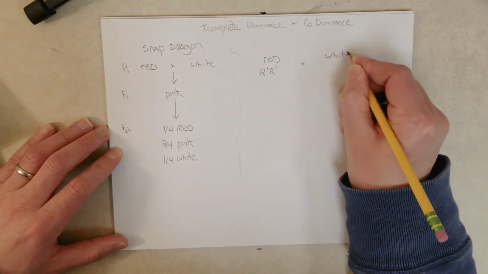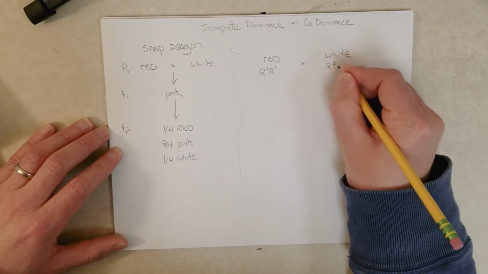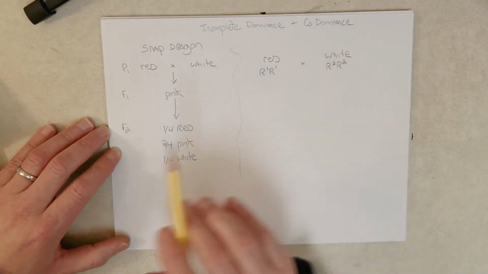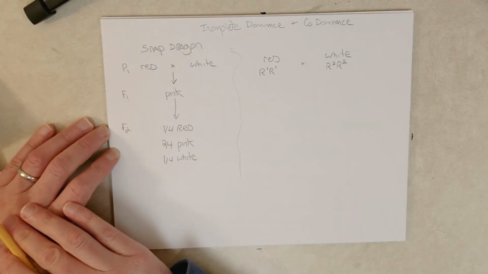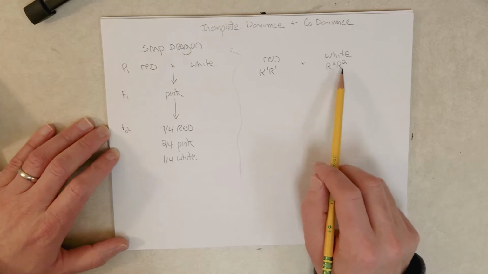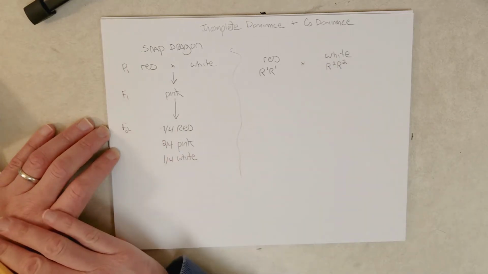Now the white is going to be homozygous for a different allele. We're going to call this one R superscript 2. When R2 is in the homozygous condition, we get the white phenotype.